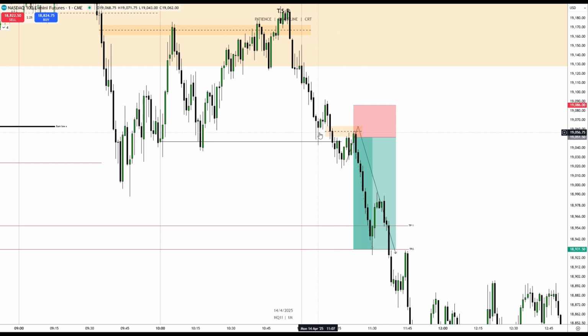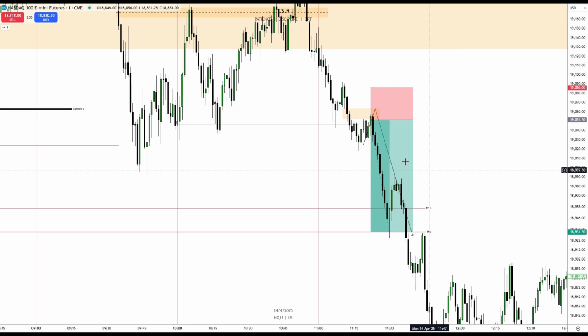And then we had a second bearish PD array in the form of an order block with the previous hour's opening level that would act as resistance to keep on pushing prices lower. That's exactly what happened here. And the targets were hit very clean.